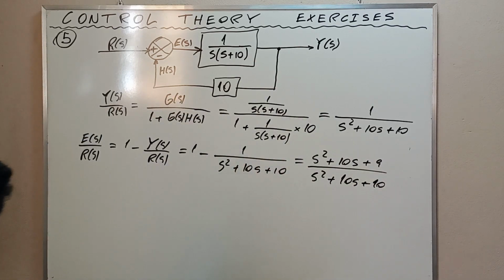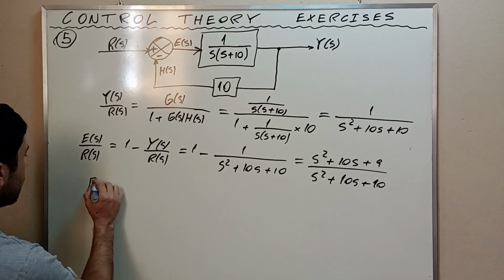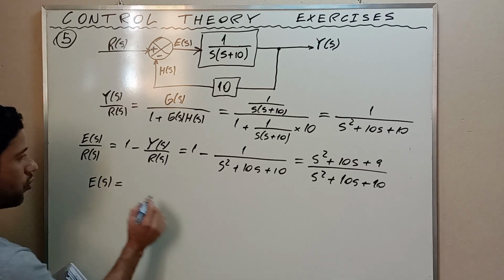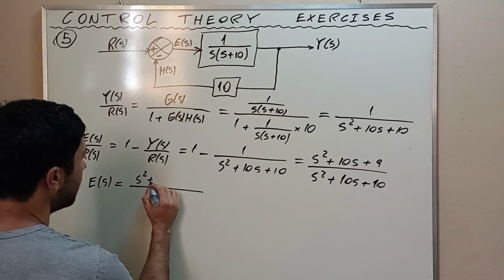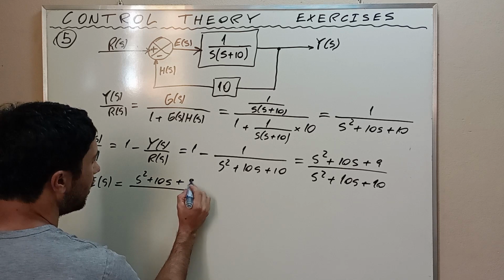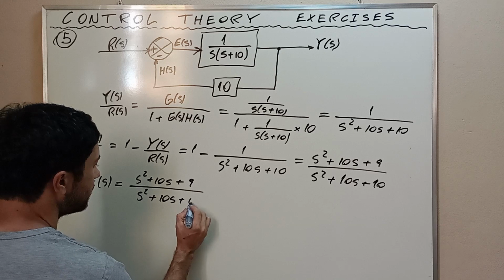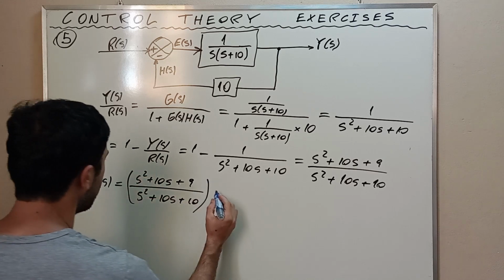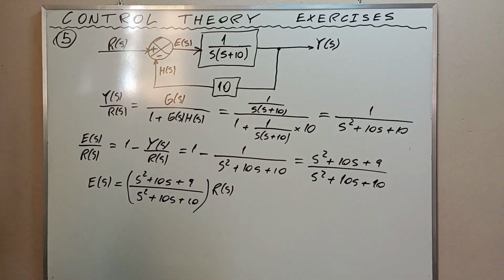Okay, my friends, this is the E of S over R of S. We want E of S written in terms of R of S. E of S is equal to (s squared plus 10 times s plus 9) divided by (s squared plus 10 times s plus 10), times R of S. Okay?